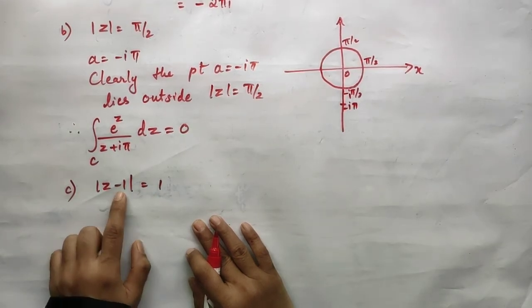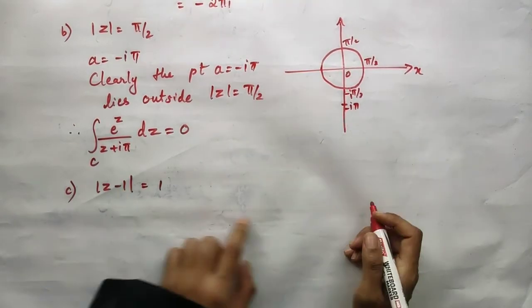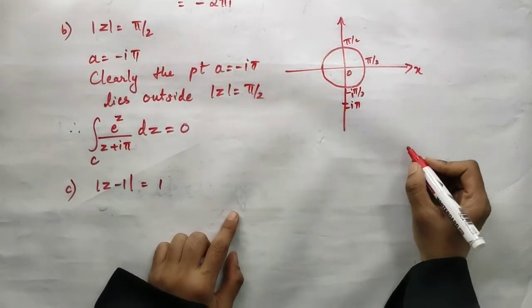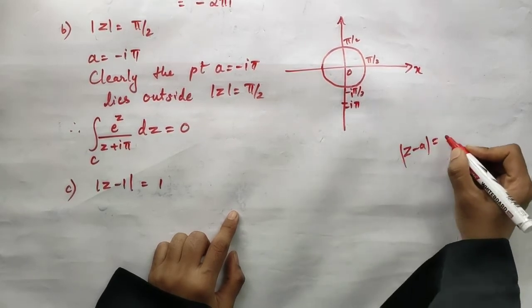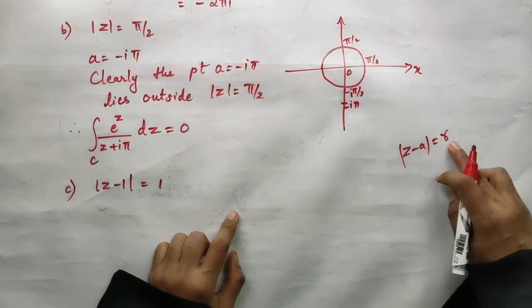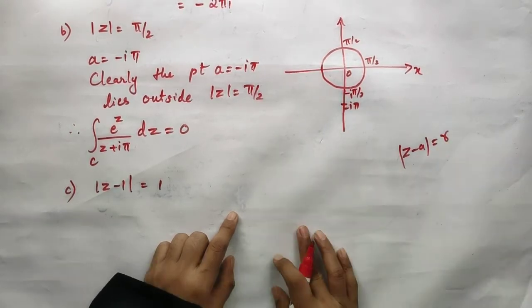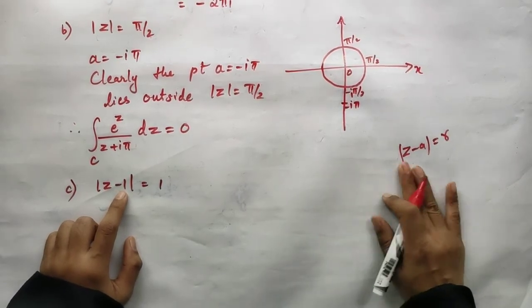Look at this, z minus a, this point represents the center. In general, the equation of a circle in complex form, mod of z minus a is equal to r, is written like this. Here a represents the center, r represents the radius.